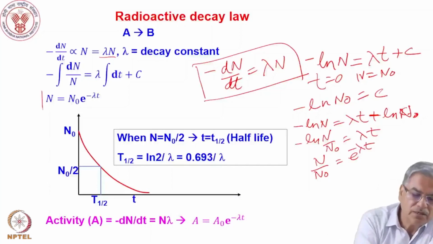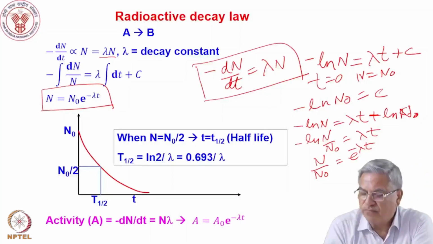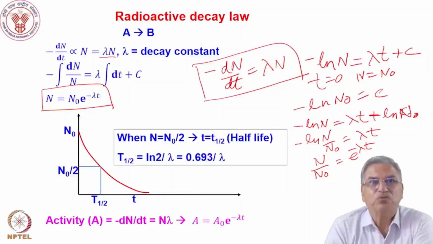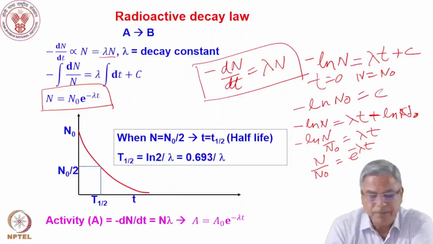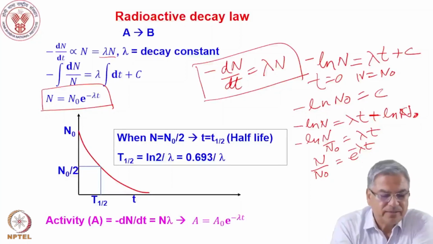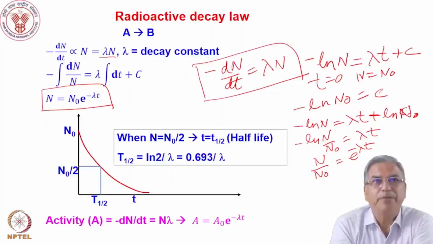This is the expression for the decay of a radioisotope. N is the number of atoms decaying with time, and the number of atoms decays exponentially with time. N0 is the initial number of atoms.